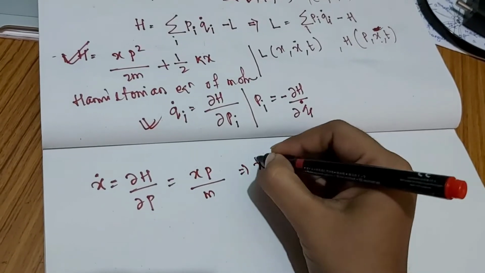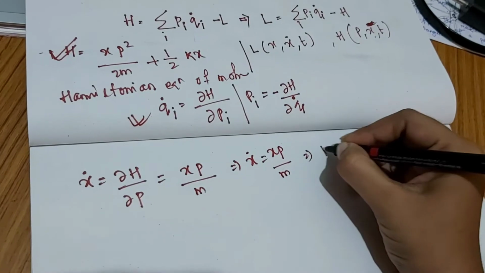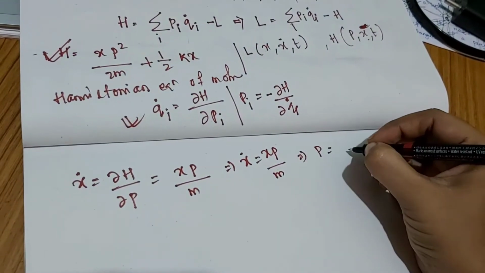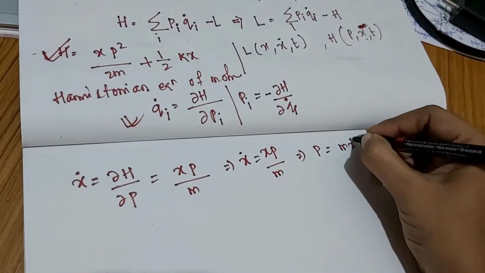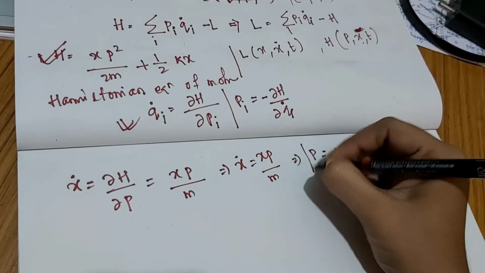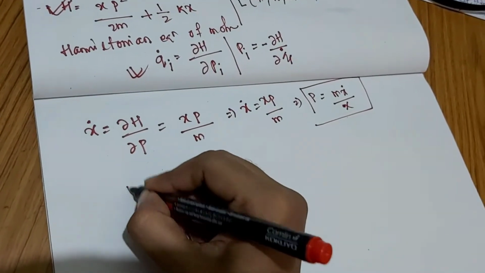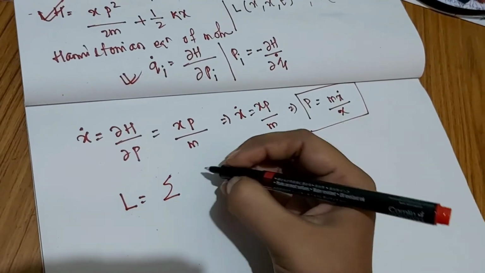So from here we got x dot equal to x p by m, and from here I can write p is equal to m x dot by x. We have to find L first, and only after that can we find the equation of motion.